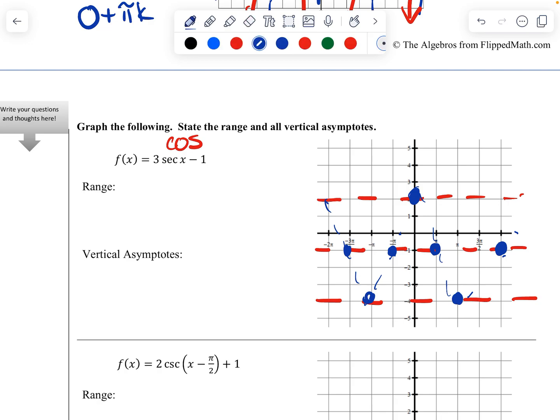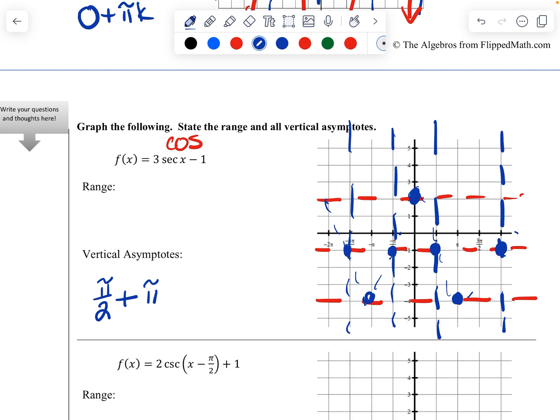So our vertical asymptotes, wherever there's a 0, which would be at our midline. So where are they? Well, it's at pi over 2 plus pi. Okay, so here's another one. Okay, and then we gotta flip it. So it would be here.